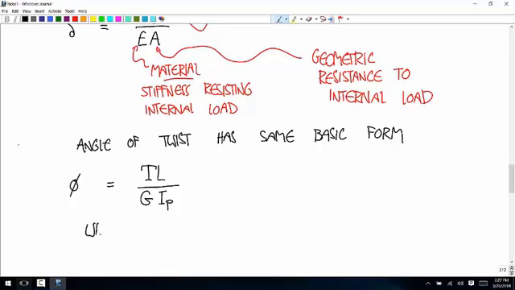And then that G is equal to E over 2 times the quantity 1 plus nu. That's the shear element of the stiffness matrix.